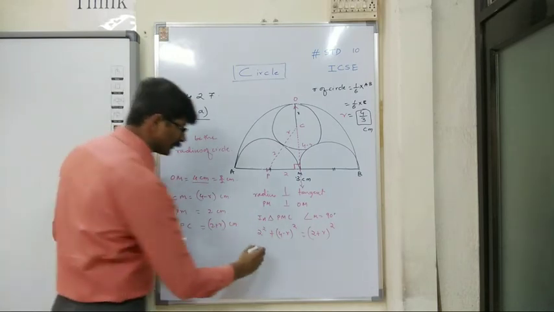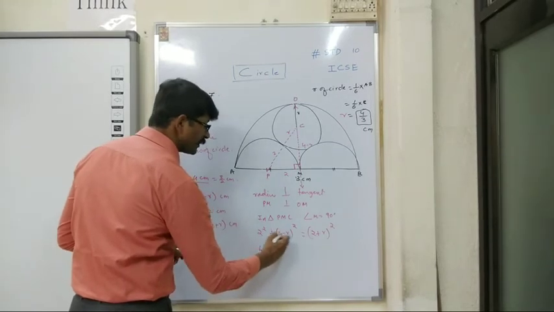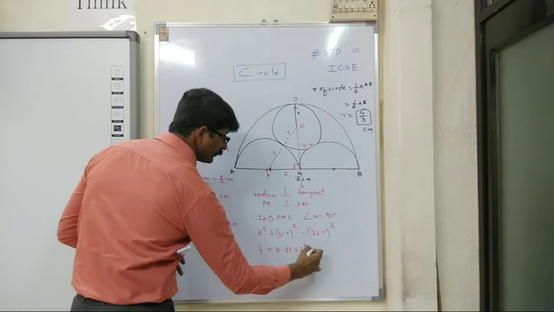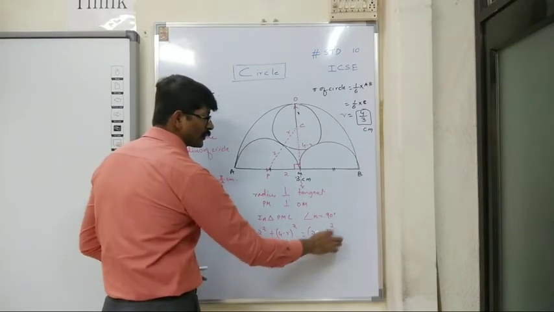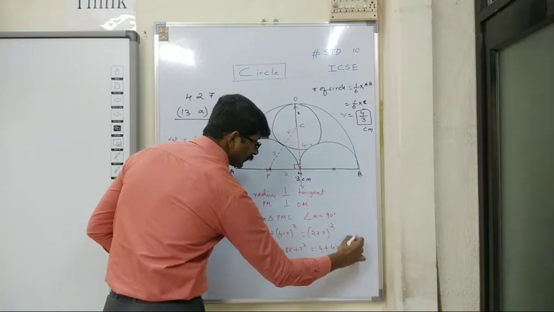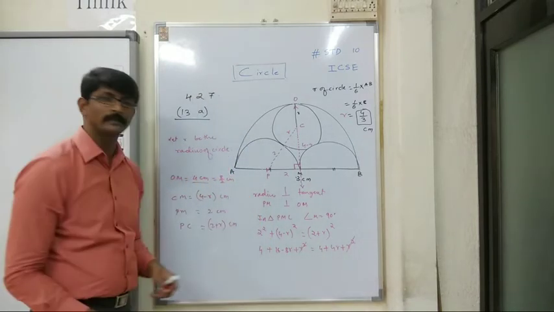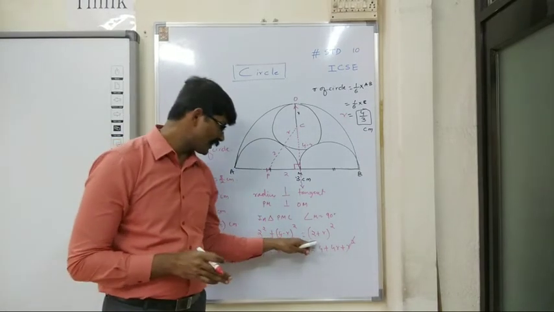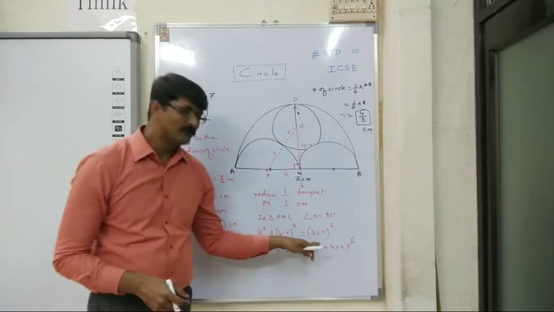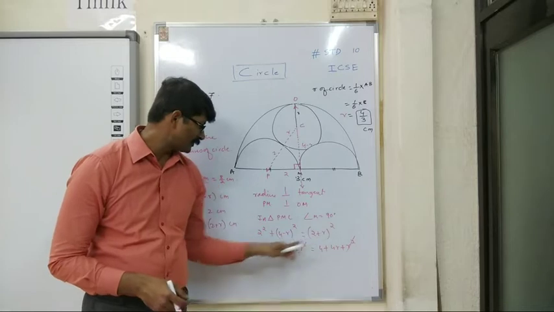How are you going to solve this? 2 square plus 4 minus R the whole square, that is 4 plus 16 minus 8R plus R square, which is equal to 2 plus R the whole square, that is 4 plus 4R plus R square. Now R square and R square will get cancelled. In case someone doesn't know how to do A plus B the whole square, watch my other videos, where I have already explained A plus B the whole square and A minus B the whole square.